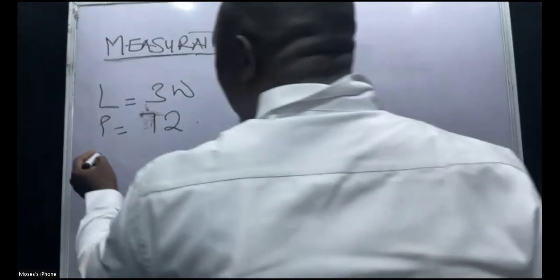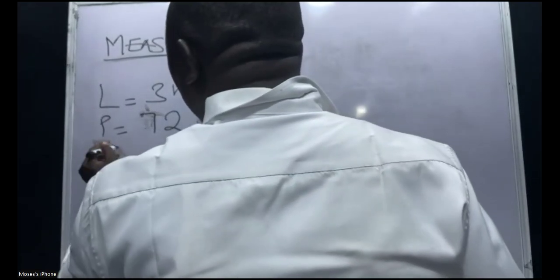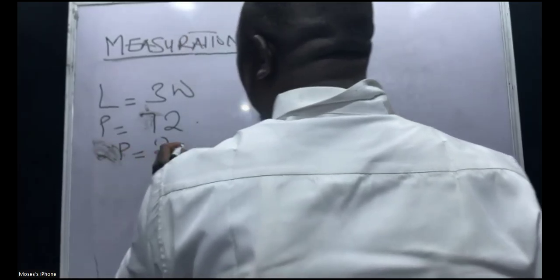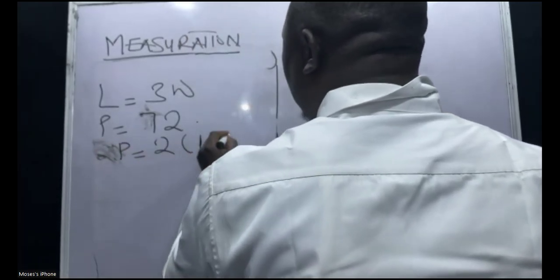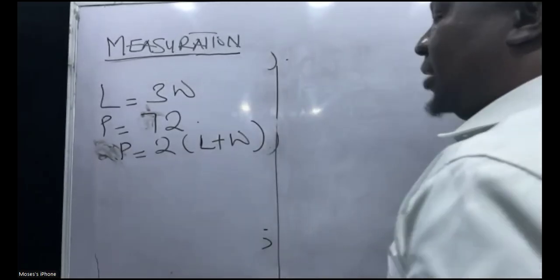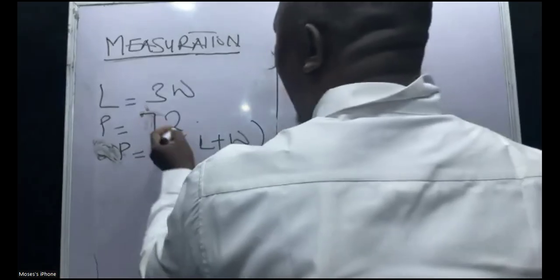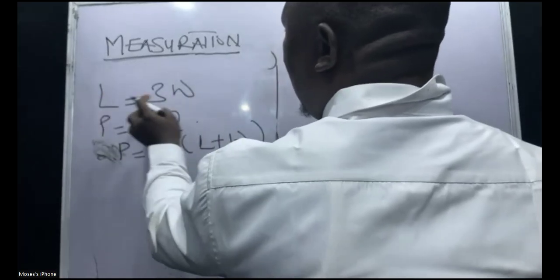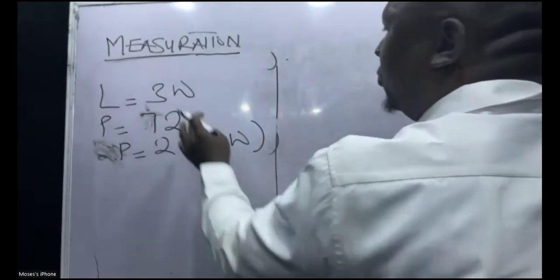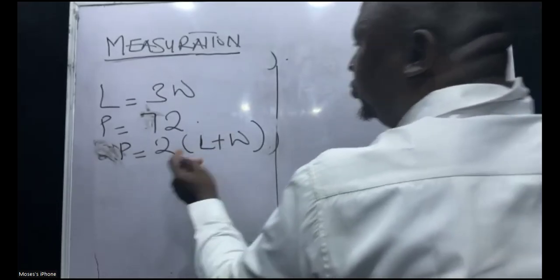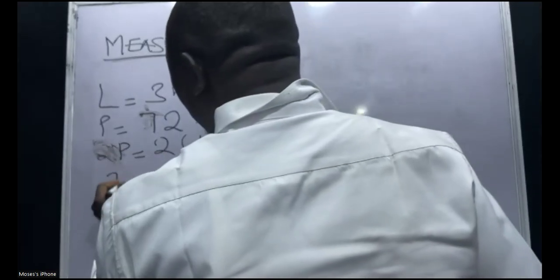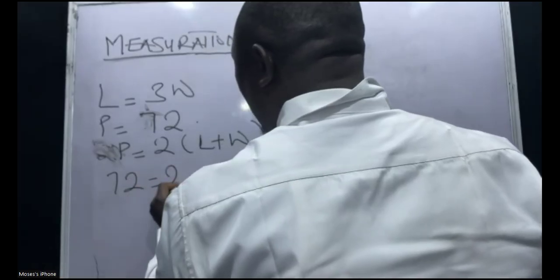Now, we know that your perimeter is 2 brackets L plus width. Am I right? Now, we have your L to be 3 width. Anywhere you see L, you put it in. P is 72 equals 2 bracket.